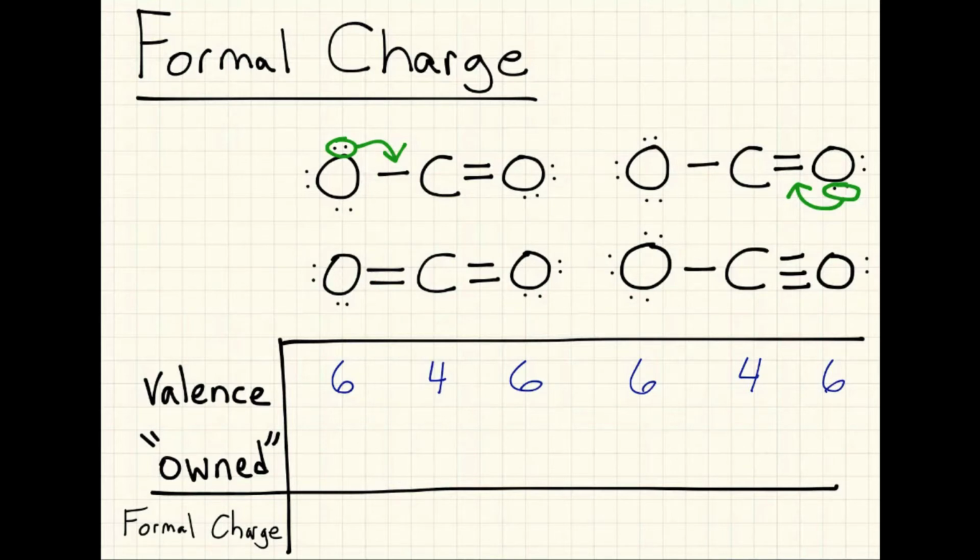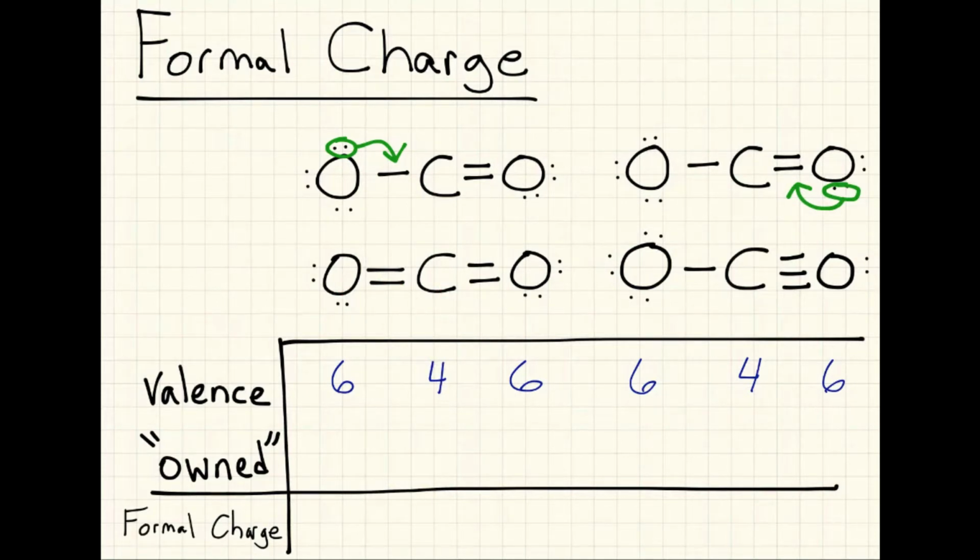Well, if we think of a bond as a pair of electrons being shared by 2 atoms, then we imagine that 1 electron in each of those bonds is owned by each atom. So this bond that has 2 electrons in it essentially has one of those electrons that belongs to the oxygen and the other that belongs to the carbon. But the same can be said for the second bond. One of those electrons is owned by the oxygen, one is owned by the carbon.